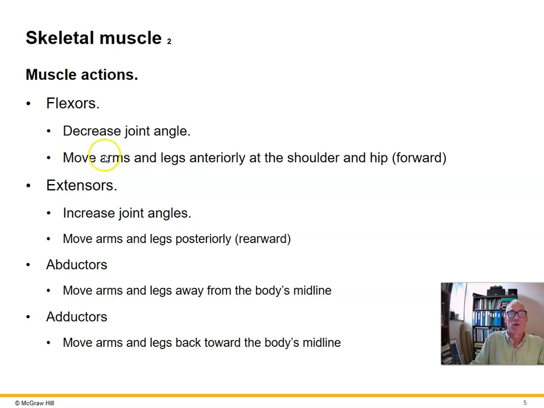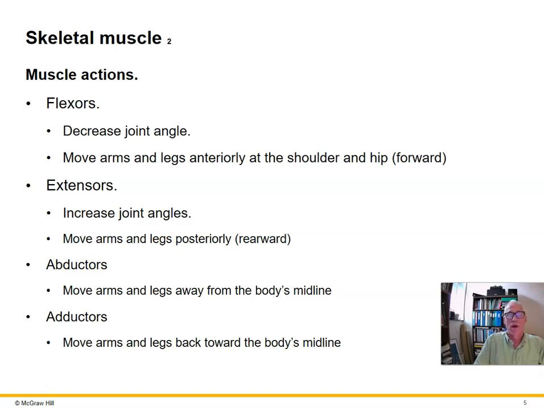Or we also use that term to describe the anterior movement or forward movement of your arms and legs at the shoulder and hip. These words we have to just accept. Extensors are muscles that increase the angle between two bones at a joint, or that move the arms and legs posteriorly relative to the resting position of the body. It was called anatomical position, standing straight up with your arms at your sides.